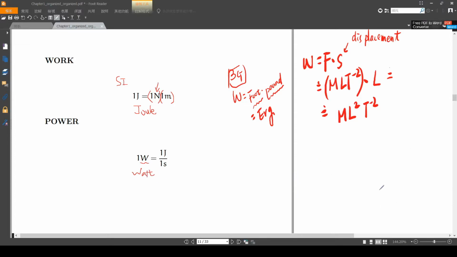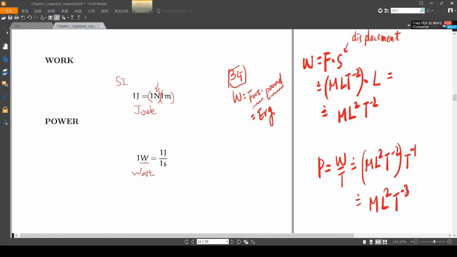And the dimension of the power, because the power is equal to the work per time here, so the dimension of your work is this part, and times per time. So the dimension of the power is M L squared T minus 3. Okay?